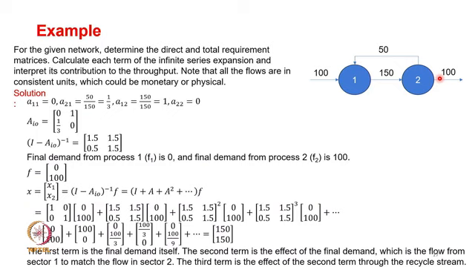For a given network, determine the direct and total requirement matrices, calculate each term of the infinite series expansion and interpret its contribution to the throughput. Note that the flows are in a consistent unit, which may be monetary or physical. We don't need to worry about splitting them. The 100 here means it is equivalent to 150 here in terms of the unit, not in terms of the value.